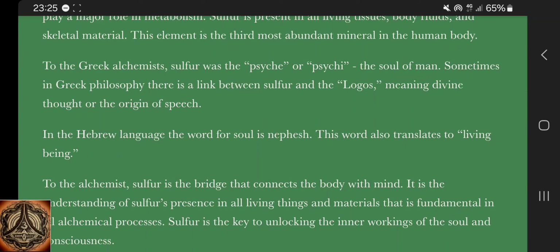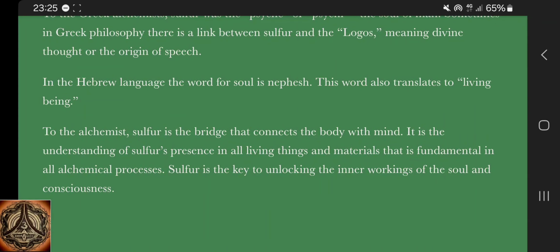This word also translates to living being. To the alchemist, sulfur is the bridge that connects the body with mind. It is the understanding of sulfur's presence in all living things and materials that is fundamental in all alchemical processes. Sulfur is the key to unlocking the inner workings of the soul and consciousness.